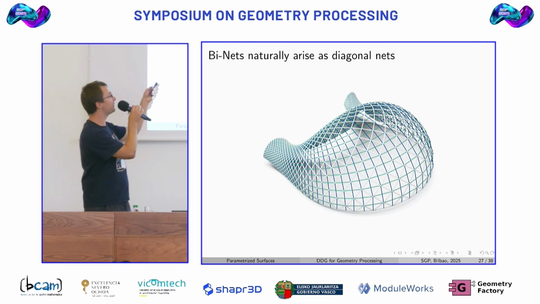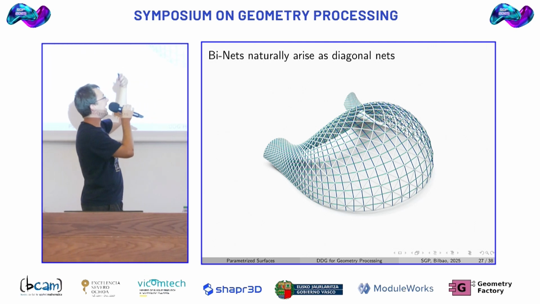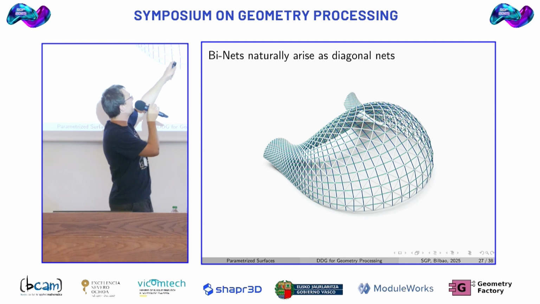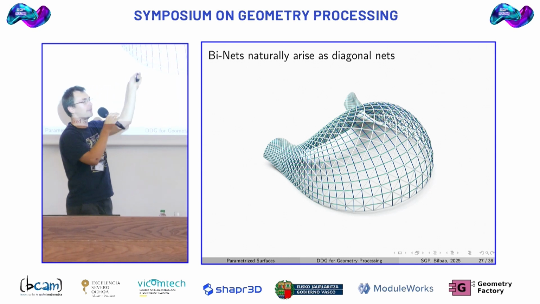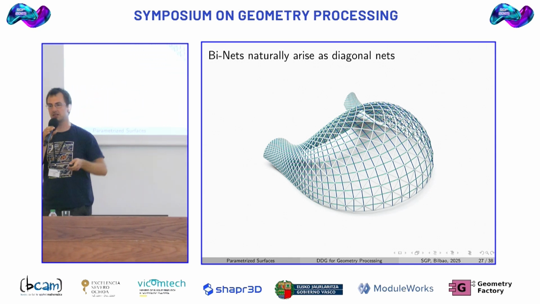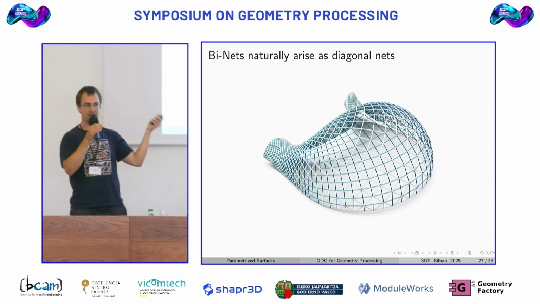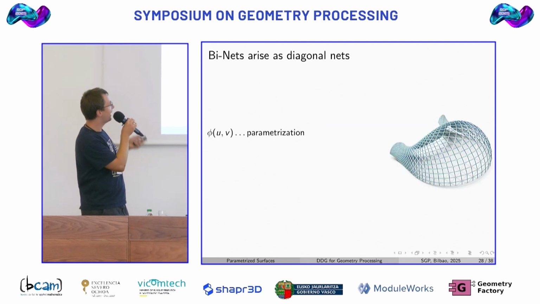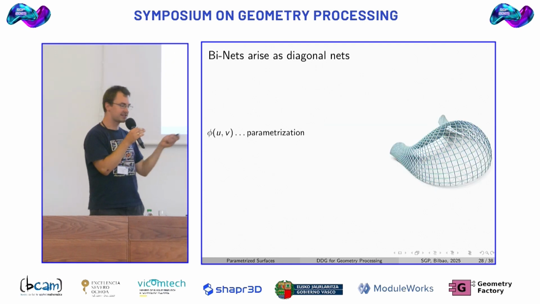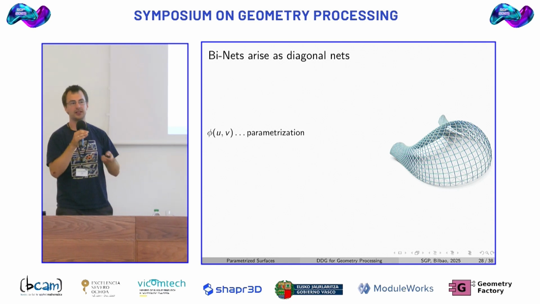These binets naturally arise as diagonal meshes. So if you take this white mesh and you trace the diagonals of this mesh, this gives you actually a mesh pairing of two different meshes. And this also works in the smooth setting.